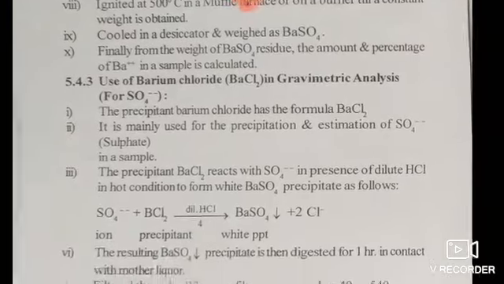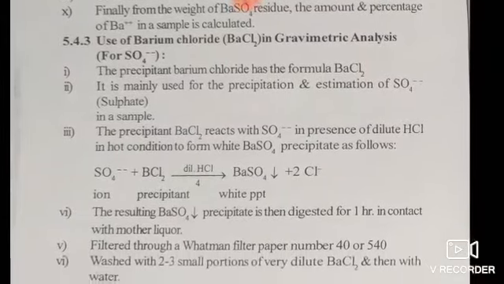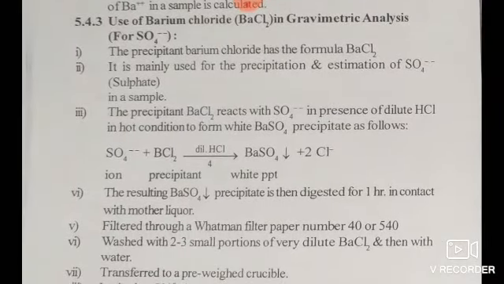Third, the precipitant reagent we discussed is barium chloride, in the gravimetric analysis for the estimation of sulfur as the sulfate ion, SO4--. The precipitant barium chloride has the formula BaCl2. It is mainly used for the precipitation and estimation of the sulfate ion, SO4--, in a sample.